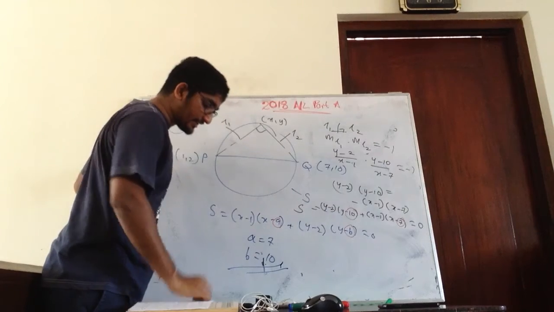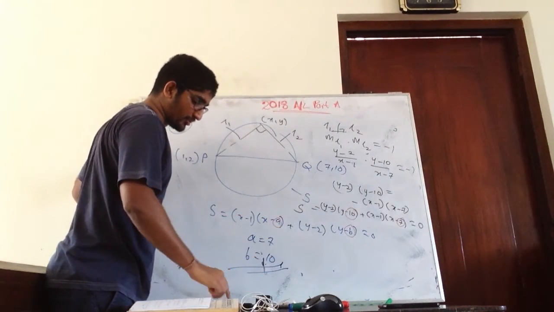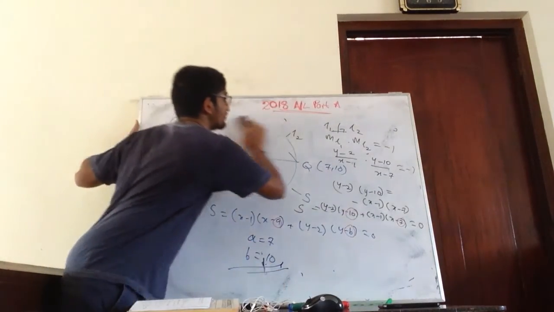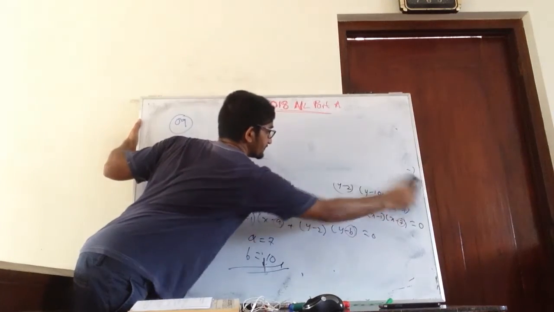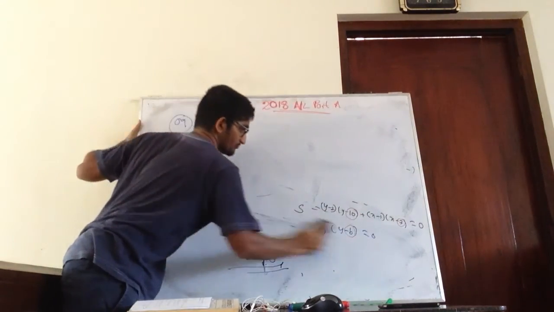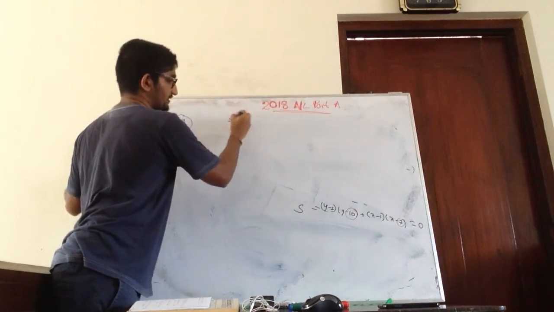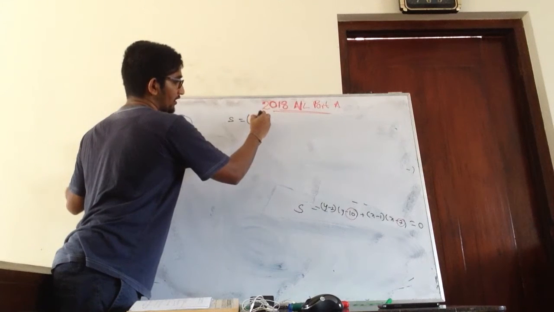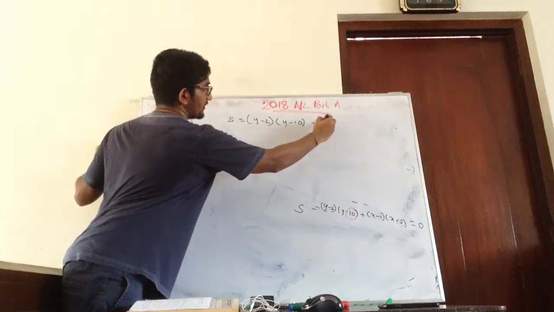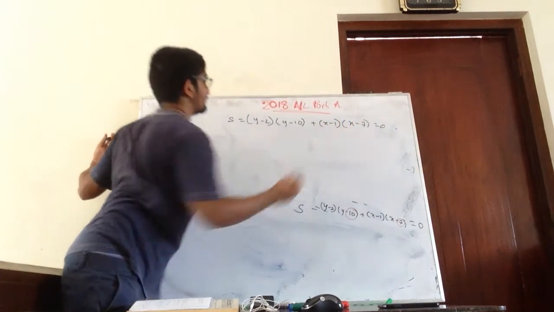Then they are saying let S dash be S plus lambda 4x minus 3y plus 2. Okay, so now I do not need this. So I know that S is y minus 2, y minus 10, x minus 1, x minus 7 equals 0. Right?